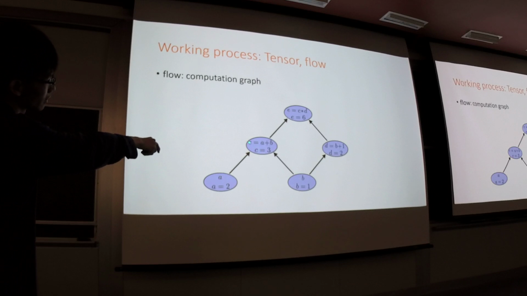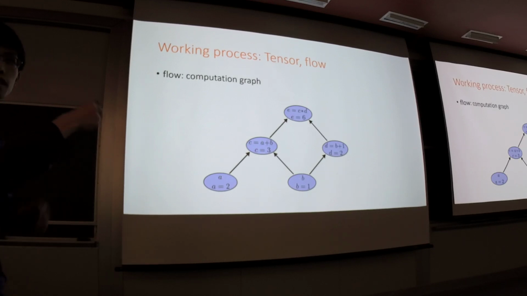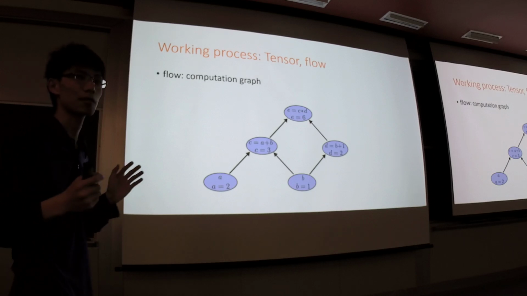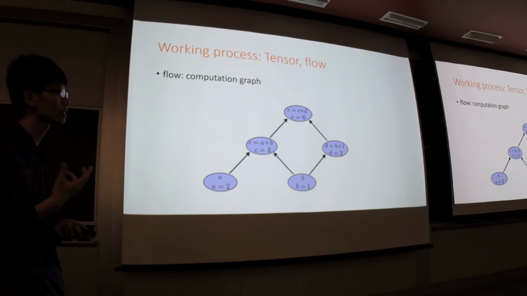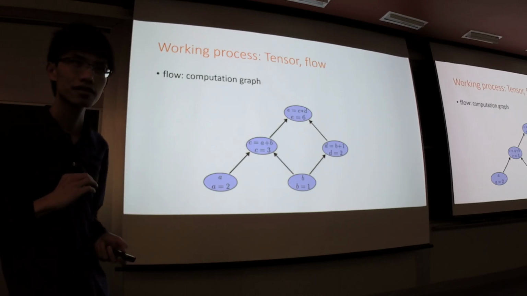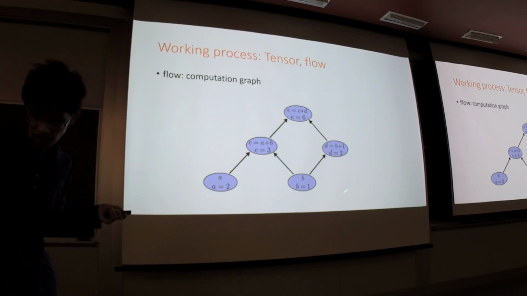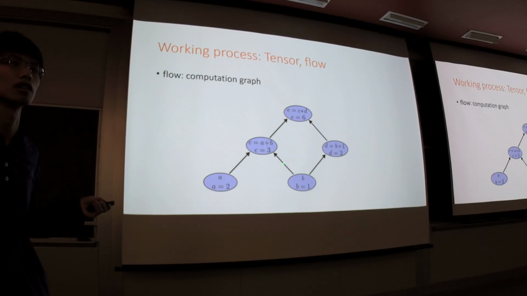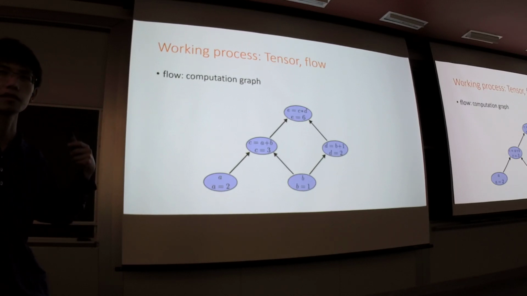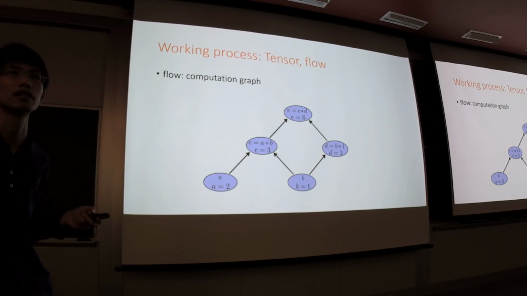If you think C here will have the value of 3, no, it doesn't. It just has the operation until you execute this graph, then you can get the actual value of C. I will demonstrate these things in the code. You just need to have some concept of these two-phase executions.